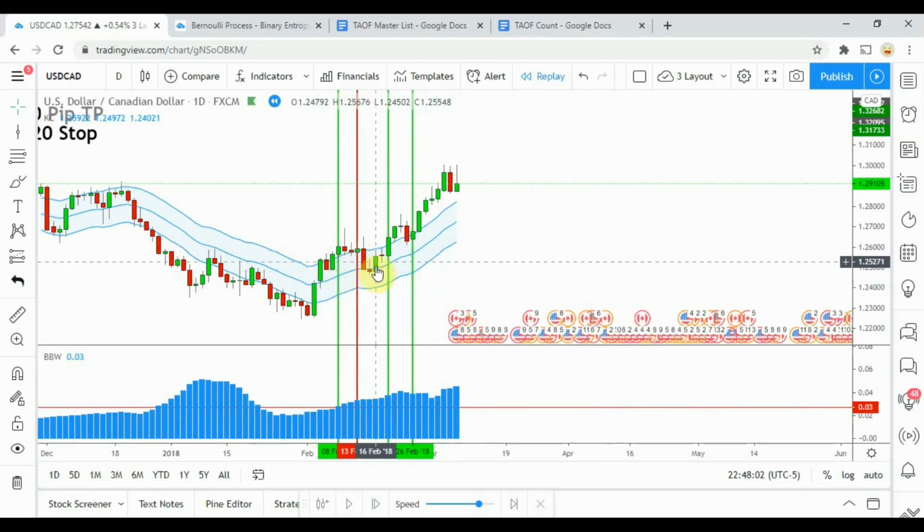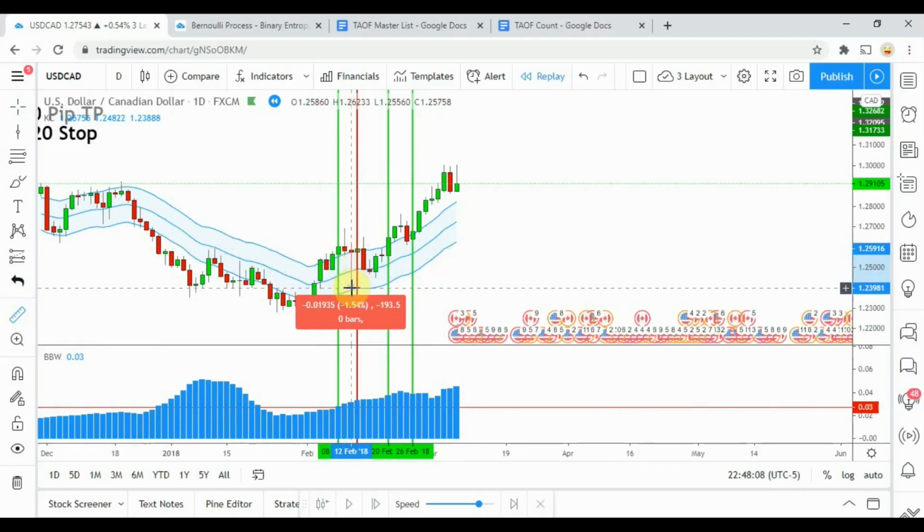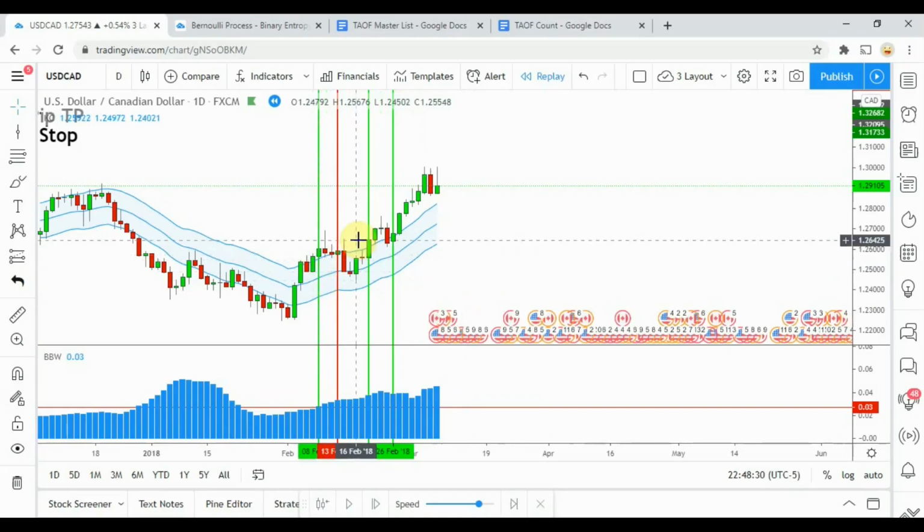One last thing about this trade back here, keep in mind that if you would have chosen to set your stop at the lower band of the Keltner channel, you would not have gotten stopped out of this trade. It would have actually come back and continued in your favor, and you would have taken a winning trade in this particular case, and you would have had all wins at this point.